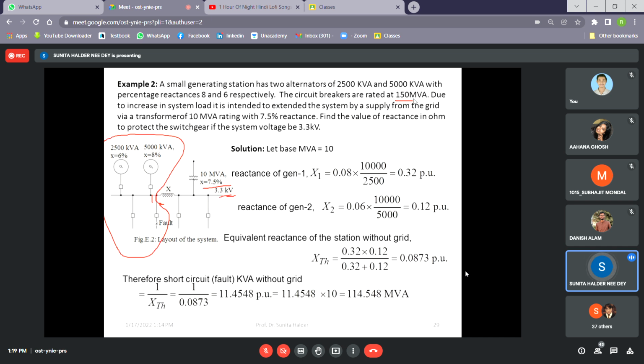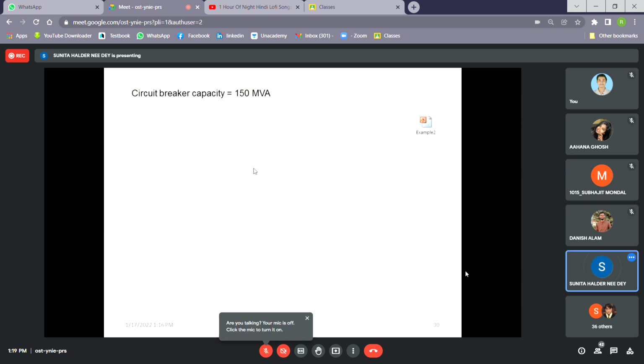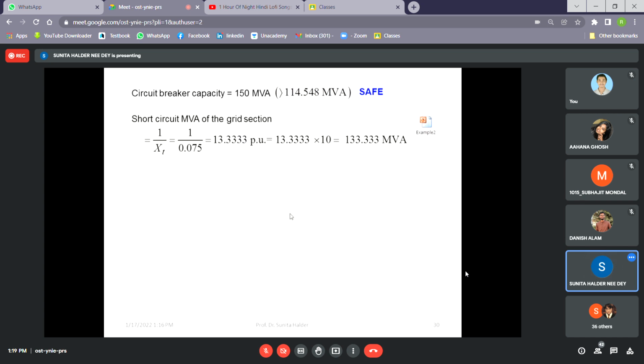Now let us check, with the introduction of this new generation from the grid side, whether the existing breakers can withstand or not. Circuit breaker capacity is 150 MVA. It is more than 114.54 MVA, so the circuit breaker will be safe, the system will be safe.